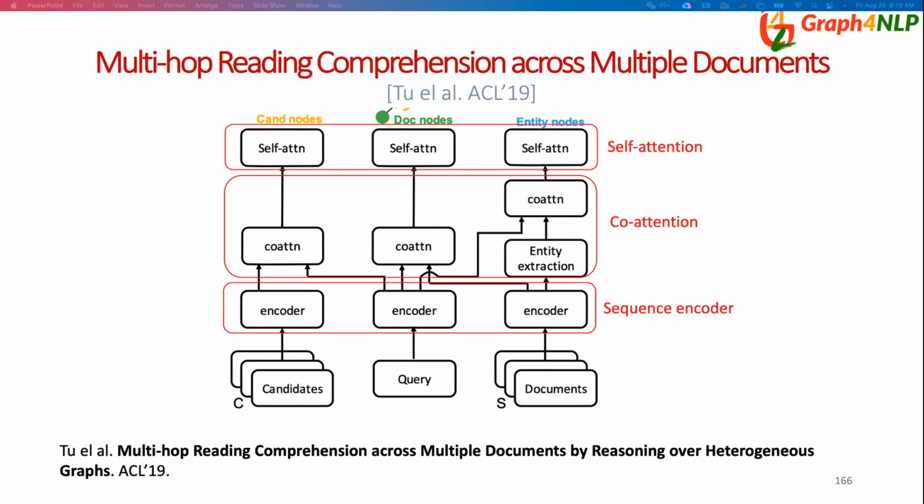It first generates query-aware candidate, document, and mention vector representations with co-attention and self-attention, where co-attention enables the model to consider codependency between query and document, and between query and candidate and mention. The self-attentive pooling summarizes the information presented in the co-attention output by calculating a score for each word in the sequence.